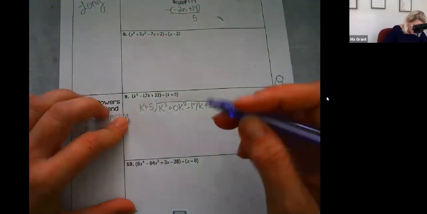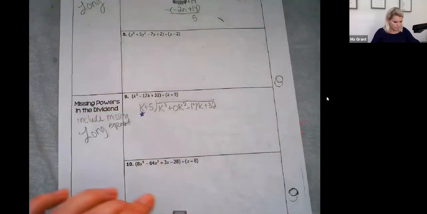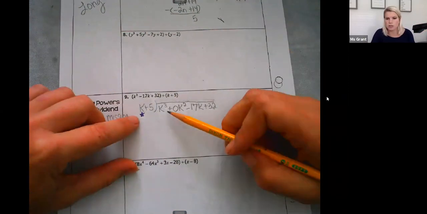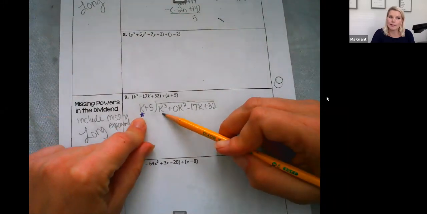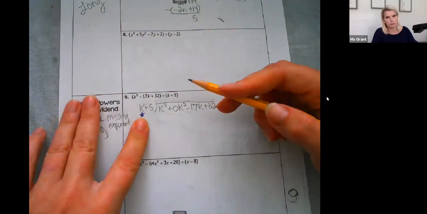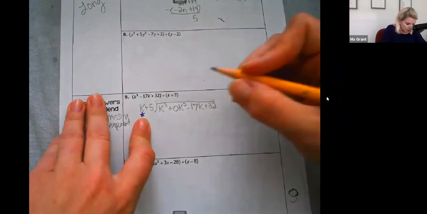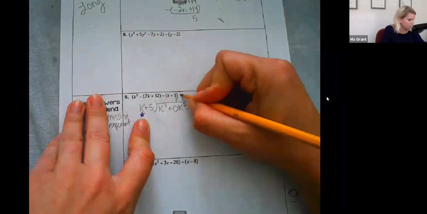Purple star. Only this first k gets divided, and I just look at the first term. K goes into k cubed. How many times? Well, Phoebe. It goes in k squared times. K squared. Please put your k squared here.